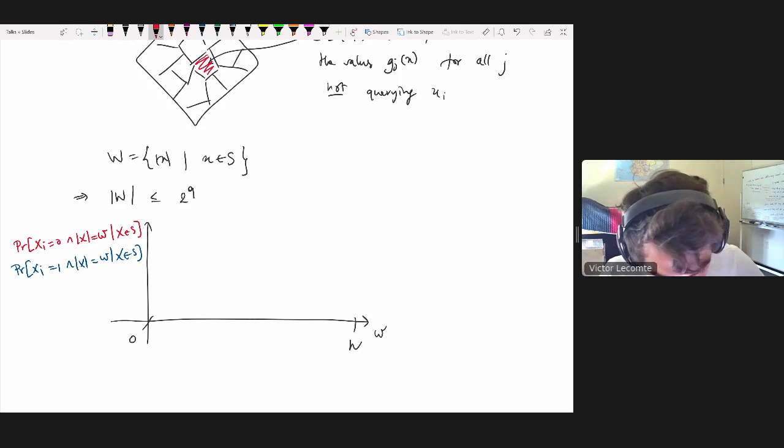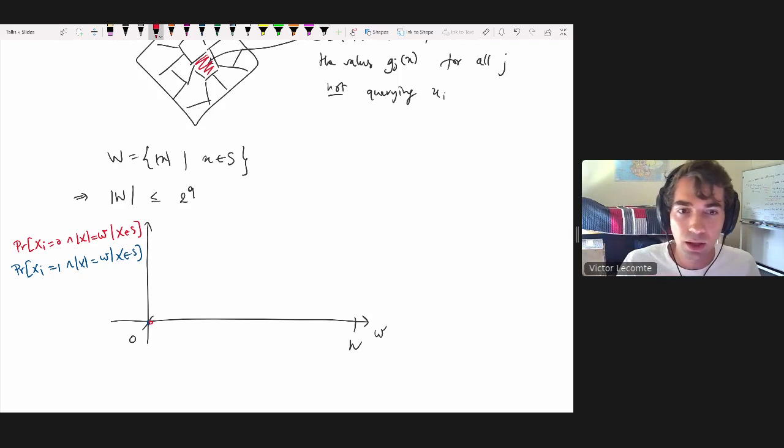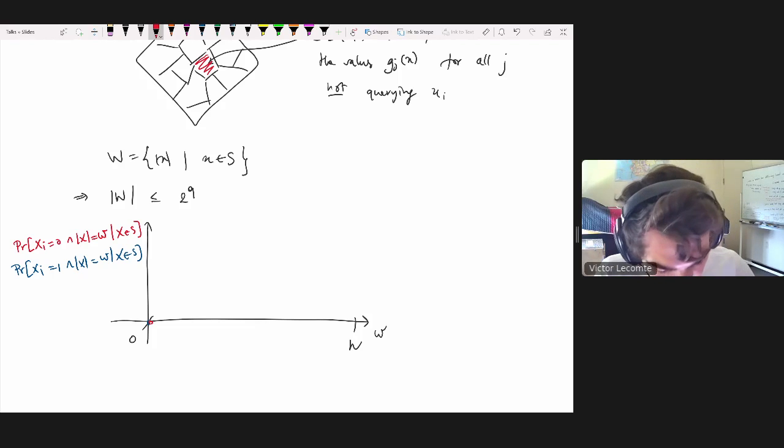So I'm going to start with a point over here, and then it's going to be 0 for a while, because only 2 to the q of those red points and of those blue points should be non-zero, because we had only 2 to the q possible values of the Hamming weight given that we were in S. So let's just draw a bunch of values.